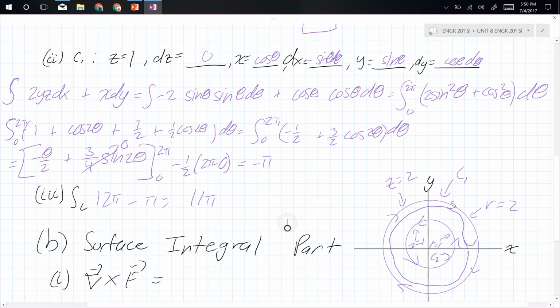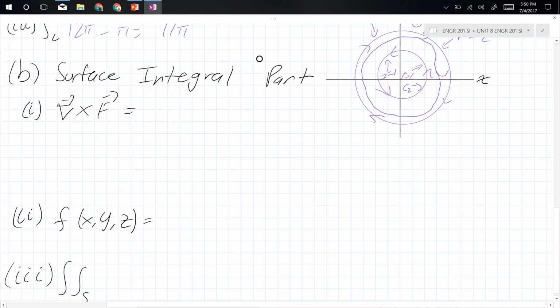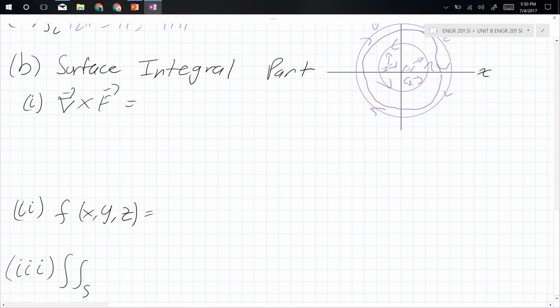Alright, now onto this part. For the surface integral, del cross F, del is the partial with respect to x, i, plus the partial with respect to y, j, plus the partial with respect to z, k.